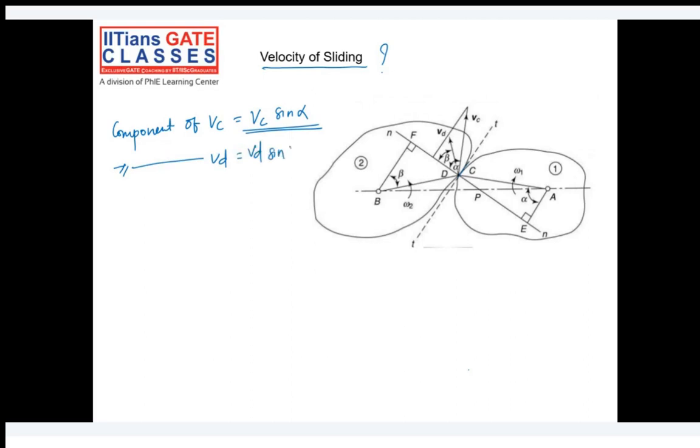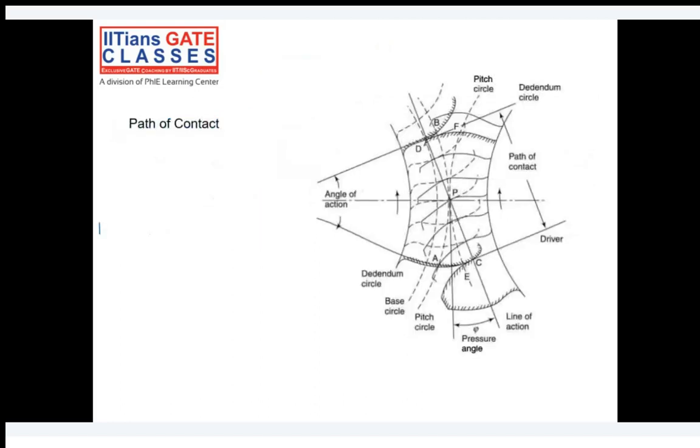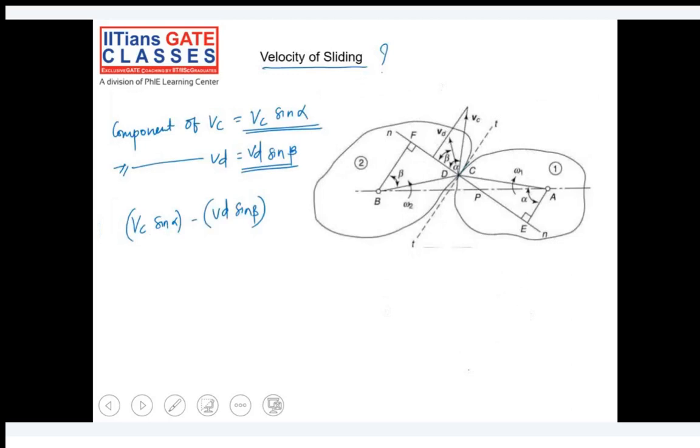And what is the relative velocity of sliding? The relative velocity of sliding is VC sine of alpha minus VD sine of beta. This is the relative velocity of sliding.